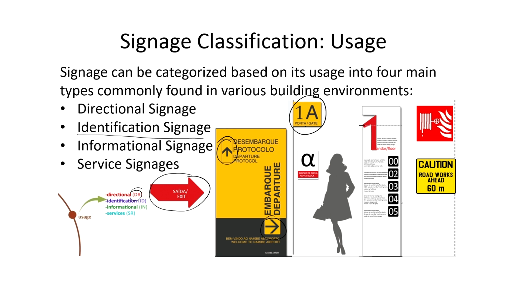That means you are using it to identify that this is the gate or this is the gate number where you have to proceed. Or any room signage, like block here alpha, is an indication to identify the room with the signage. So, that is called an identification sign.